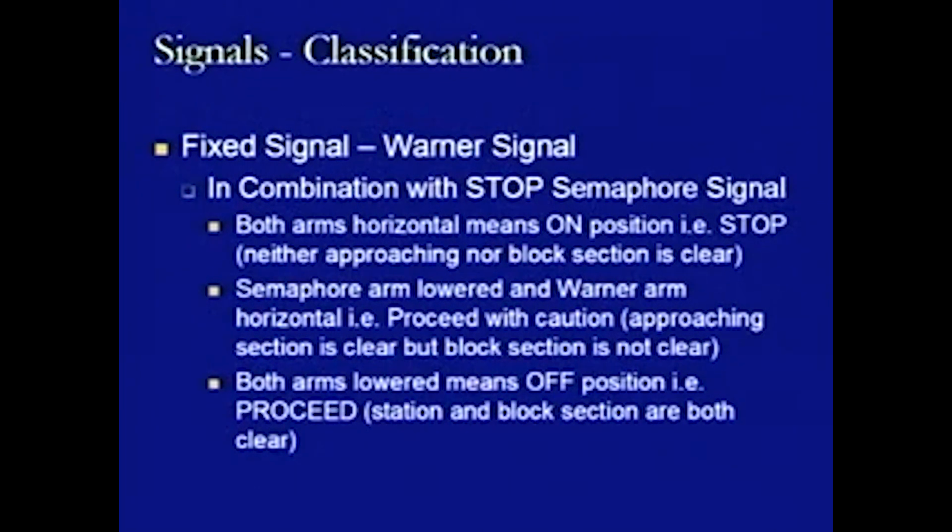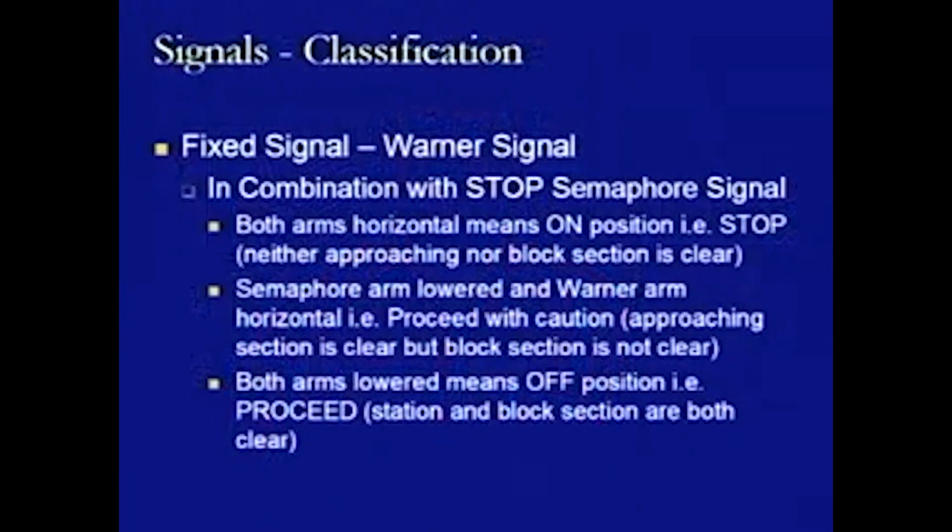Whereas, if the semaphore arm is lowered and the Warner arm remains horizontal, then it indicates that the train can proceed, but with caution: the approaching section is clear, but the block section may still not be clear. So, there is some restriction in the speed in this case, that is, the approaching section is clear and the train can move in, but it may have to stop at the next signal because it was not clear.